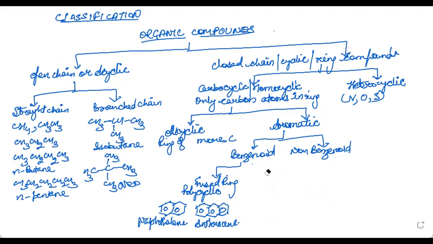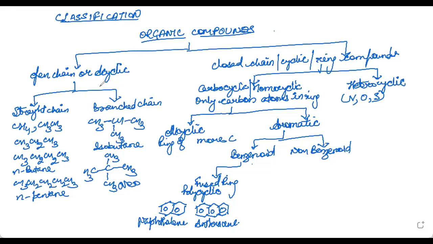So next is non-benzenoid compounds. Non-benzenoid compounds are the compounds which are aromatic. They have the properties of aromatic compounds, but they do not have any benzene ring in them.